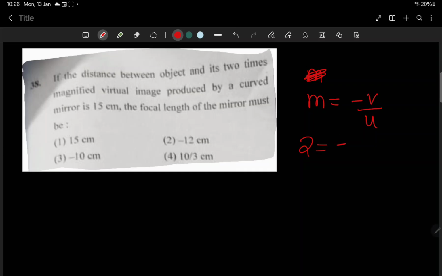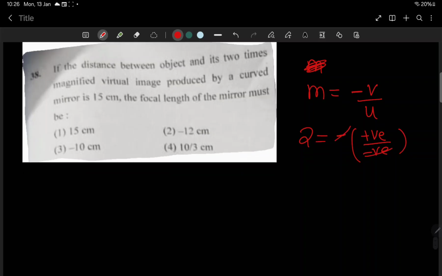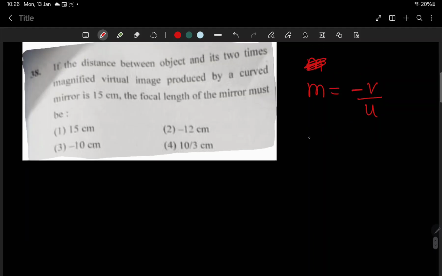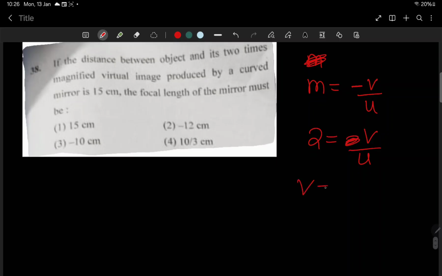Because the minus is here, we get V as positive and U as negative, the negatives cancel, and we get it as positive. So we can write 2 is equal to minus V by U, or 2 is equal to V by U. And from here we get V is equal to 2 times U.